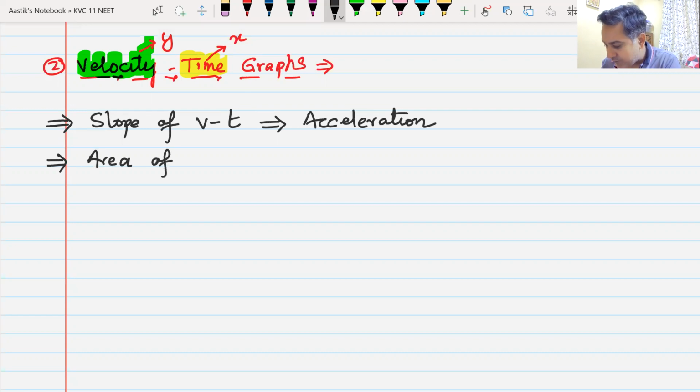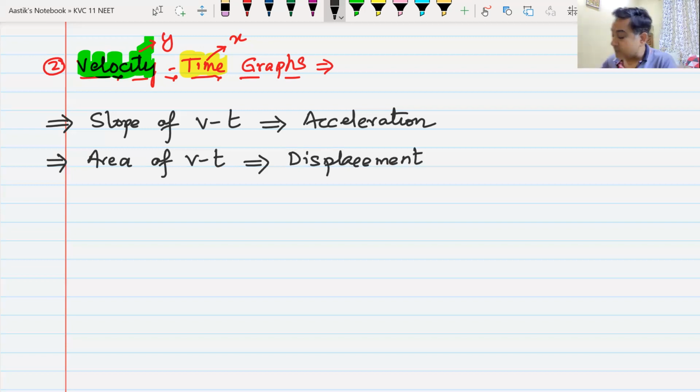The area of a velocity time graph can give us the information about the displacement and the distance traveled. We can actually find out both the displacement and the distance traveled by the particle.